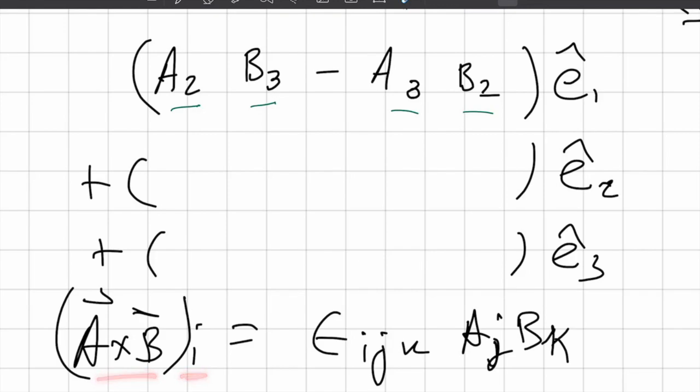Okay, we're going to add a new symbol, and this new symbol is epsilon ijk, also known as the totally antisymmetric tensor. And the meaning of that tensor is a little bit hard to think about at some point, but imagine you had a Rubik's Cube.